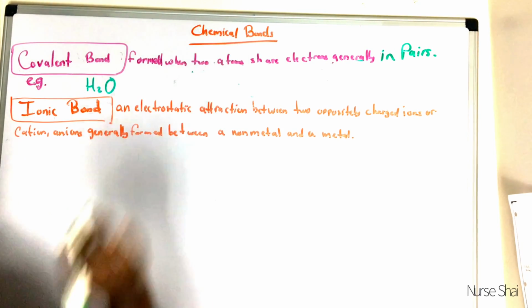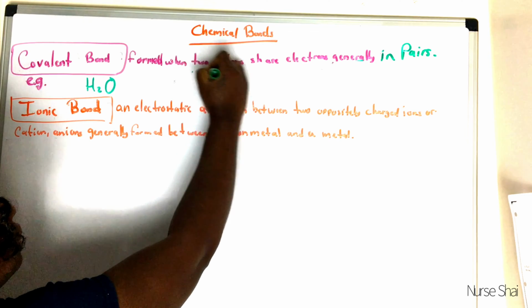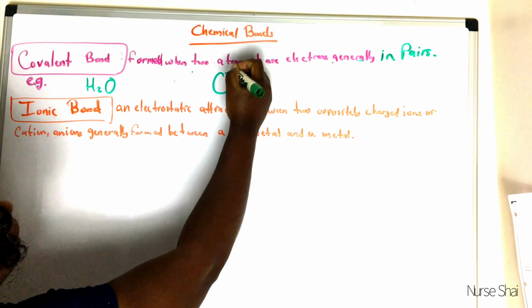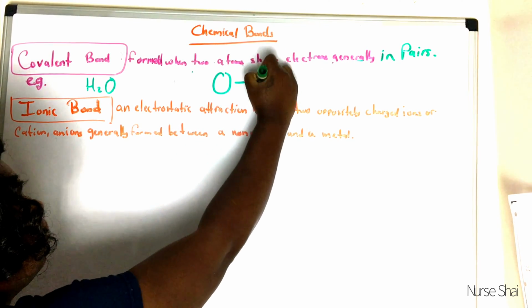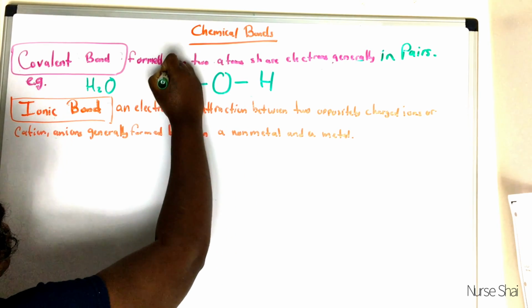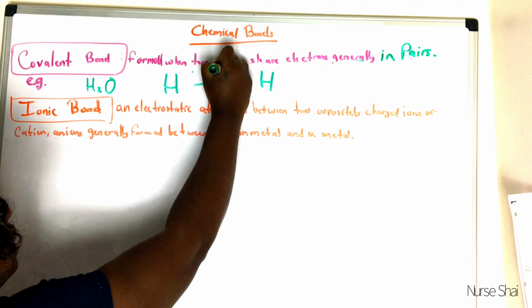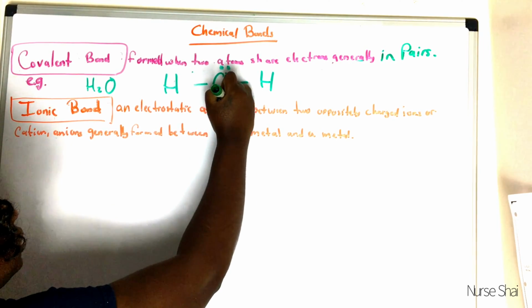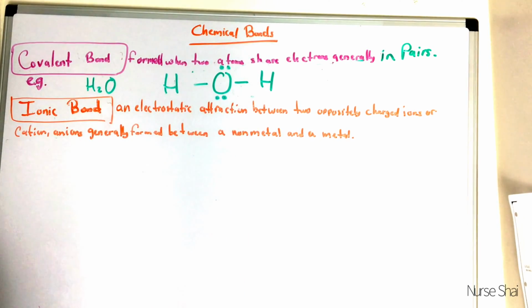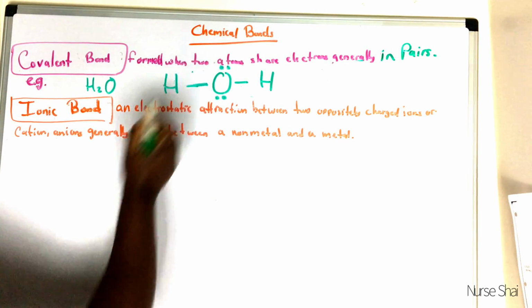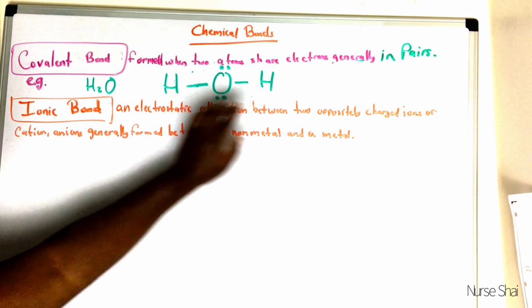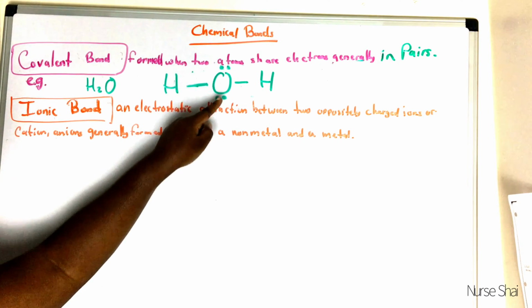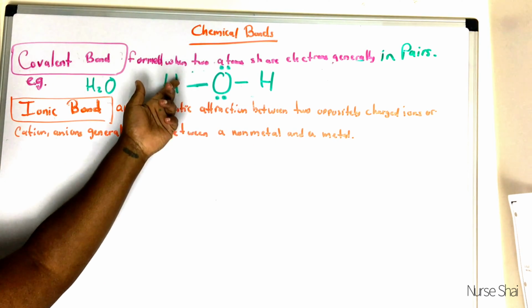And don't worry about what I'm about to do right now. This is just something to help you see. This is called a Lewis structure, and we learned this in chemistry. I drew this out because I wanted you to see how these two hydrogens are sharing this one oxygen. That's water.